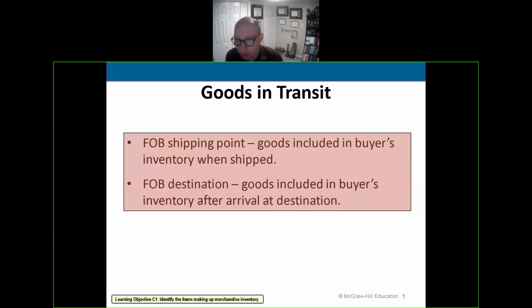Free on board destination means that the seller is responsible for the goods until they reach the buyer. Free on board destination, the seller records the cost as transportation expense and then credits cash. We talked about that in the last chapter.